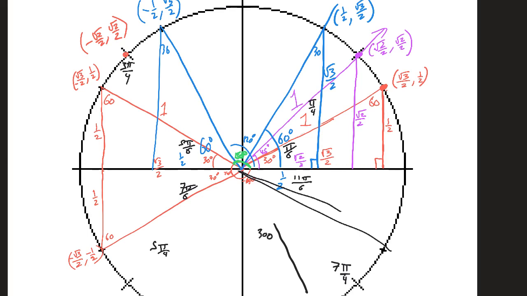But if I just said, I didn't actually do these ones, but if I just said, what is 300 in radians, that's 5 pi thirds. So if I said, what's tangent of 5 pi thirds, I know, oh, pi thirds, which I didn't actually do. This one's pi thirds, and 2 pi thirds, etc.